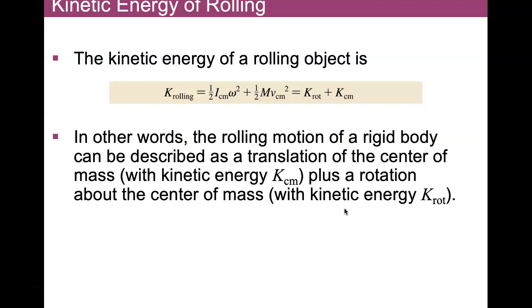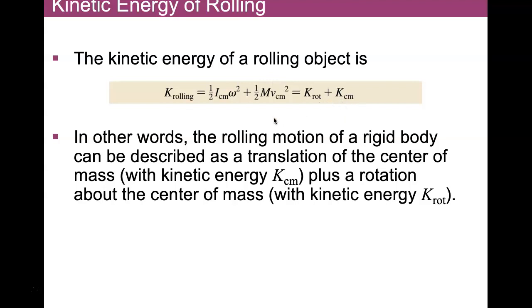We can write the total kinetic energy of this rolling object as a sum of the rotational kinetic energy, the kinetic energy due to the fact that in the reference frame moving with the center of mass, all points are rotating around the center of mass, plus a kinetic energy associated with the motion of the center of mass.